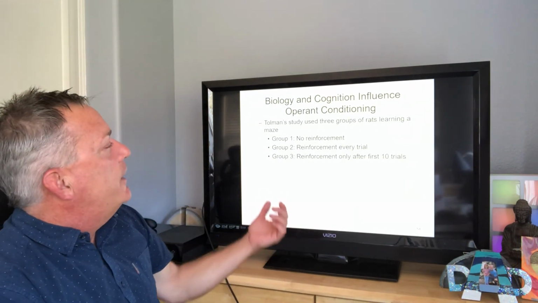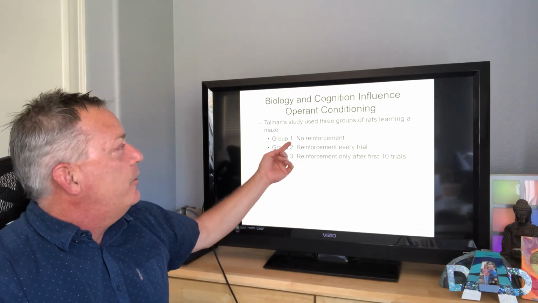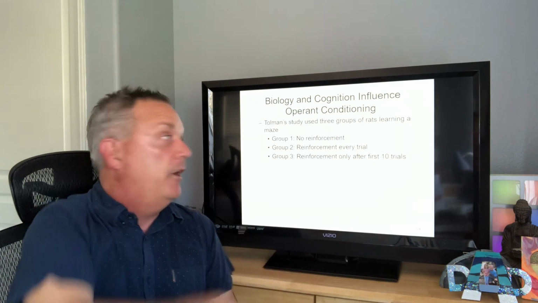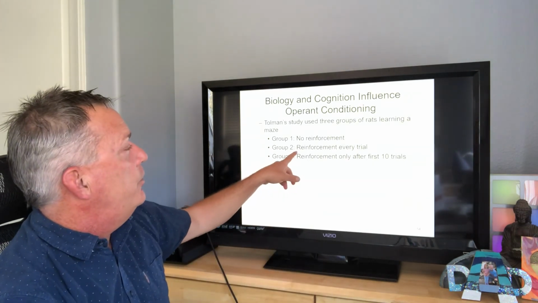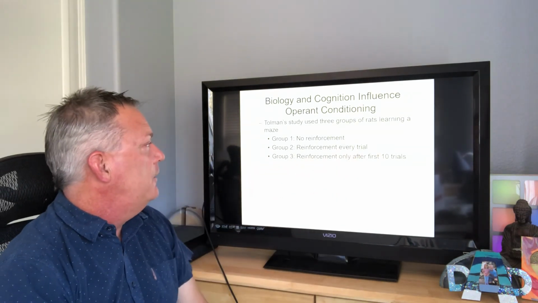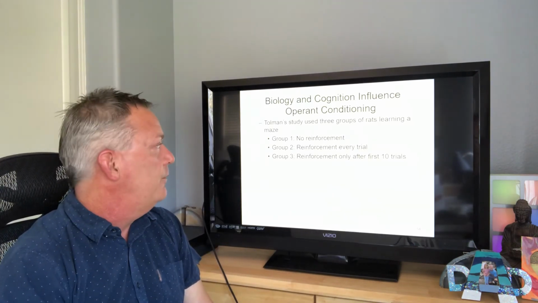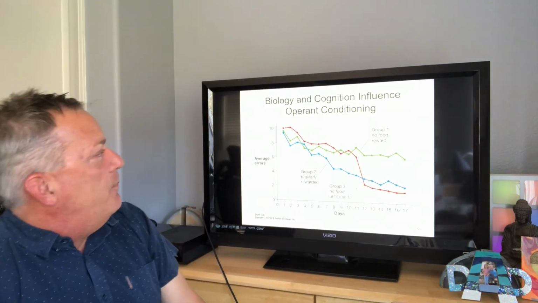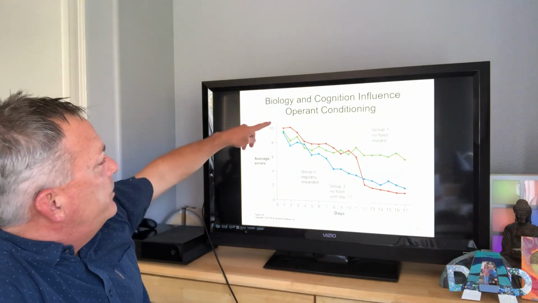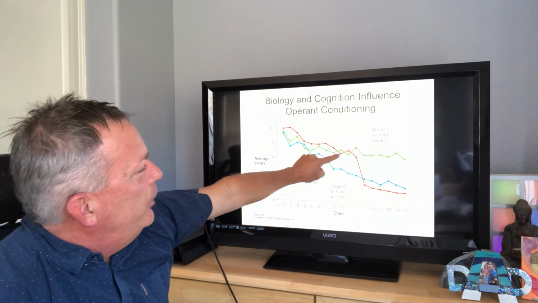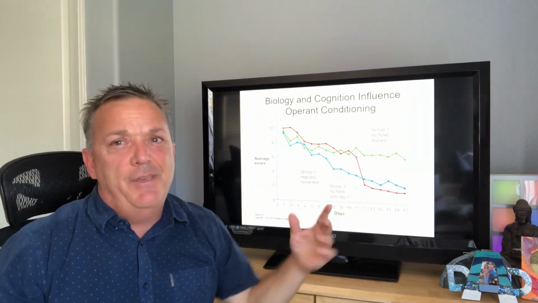So Tolman studied rats, and in group 1 he didn't give them any reinforcement and made them run through a maze, right? Group 2 got reinforcement every trial, and group 3 got reinforcement only after the first 10 trials. Let's see what happened. In terms of average errors, group 1 improved a little bit, but when they got to the end of the maze there was no food.